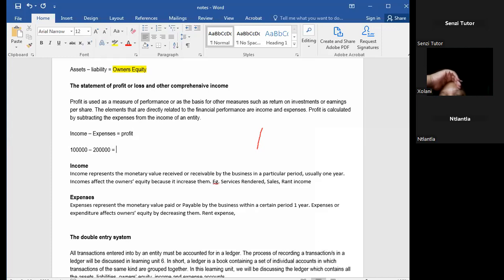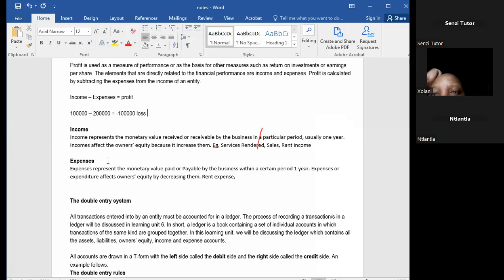Yes. Therefore, our expenses are more than incomes, so we've got what? A loss. Made a loss. Right. Let's move on, guys.